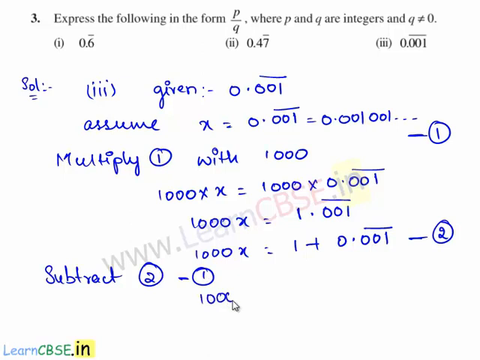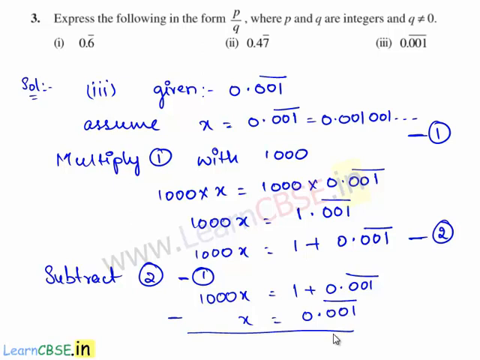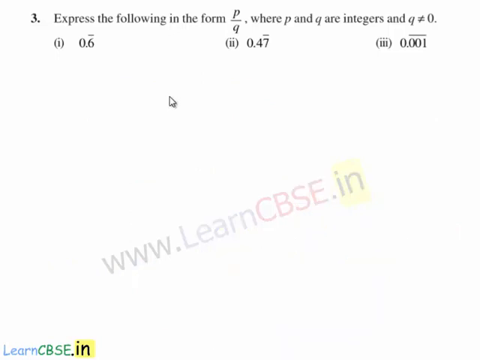Therefore, 1000x is equal to 1 plus 0.001 bar, minus x is equal to 0.001 bar. 1000x minus x gives 999x is equal to, here we are left over with 1. So 999x is equal to 1, which implies x is equal to 1 upon 999.